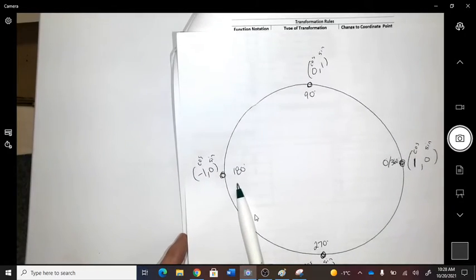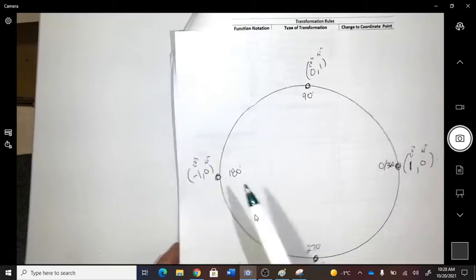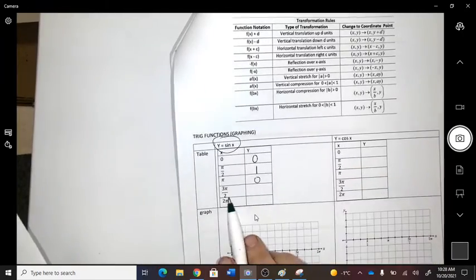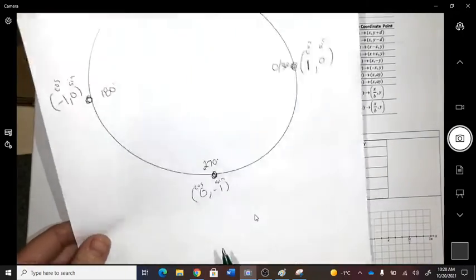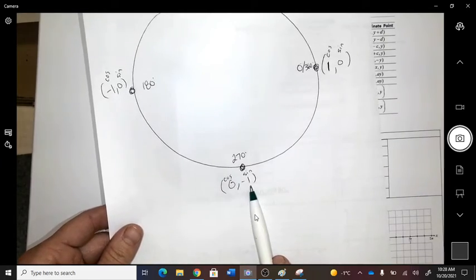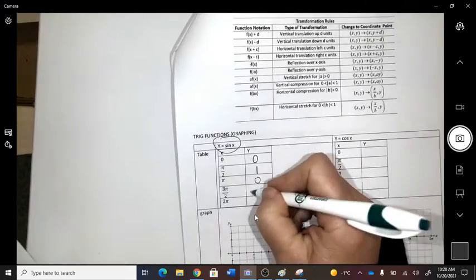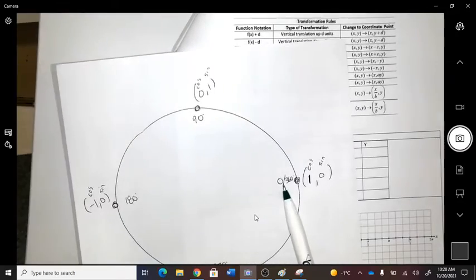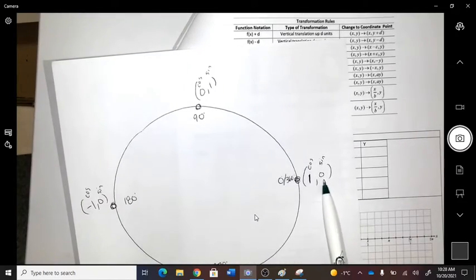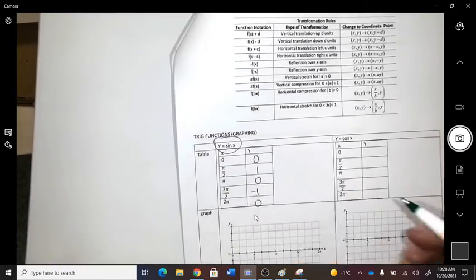At 180 degrees, the sine is 0. At 270 degrees, the sine is negative 1. And at 360 degrees, the sine is back to 0.